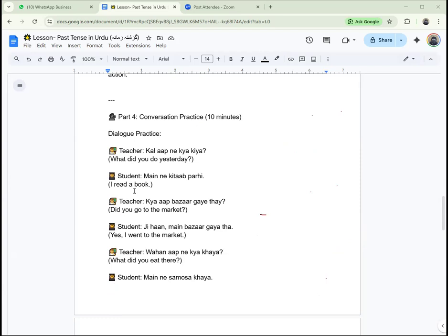Here is a conversation that may make it clearer. कल आपने क्या किया? मैंने किताब पढ़ी. क्या आप बाजार गए थे? जी हाँ, मैं बाजार गया था. वहाँ आपने क्या किया? मैंने समोसा खाया.